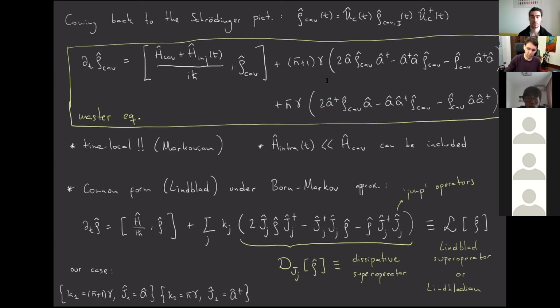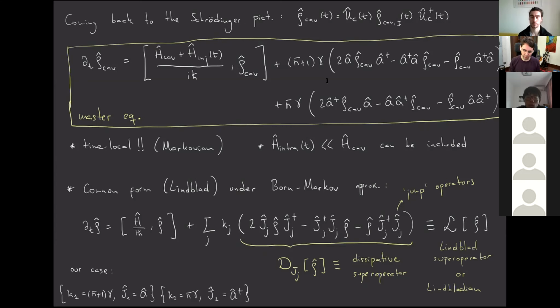Okay? So our master equation is exactly of this type with two jump operators and two rates. And now you know that this is not an accident. This happens every time that your system satisfies Born-Markov conditions with the interaction with the environment.